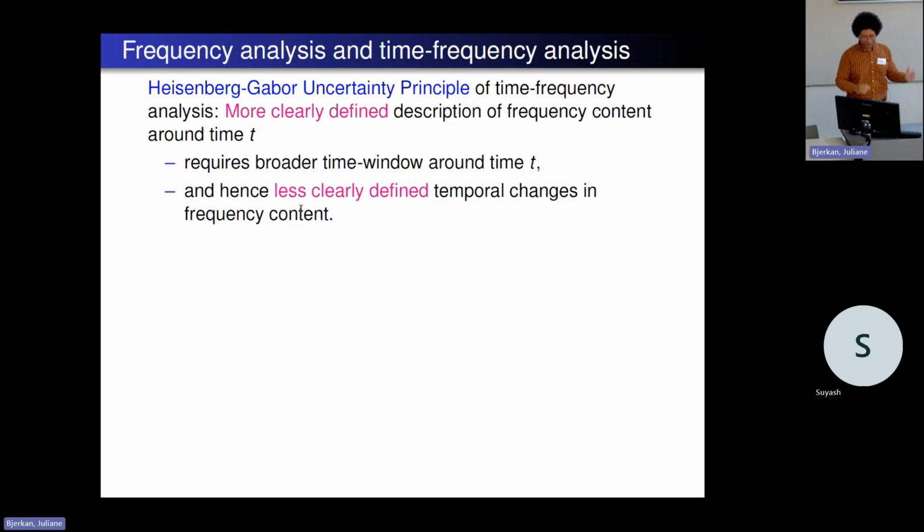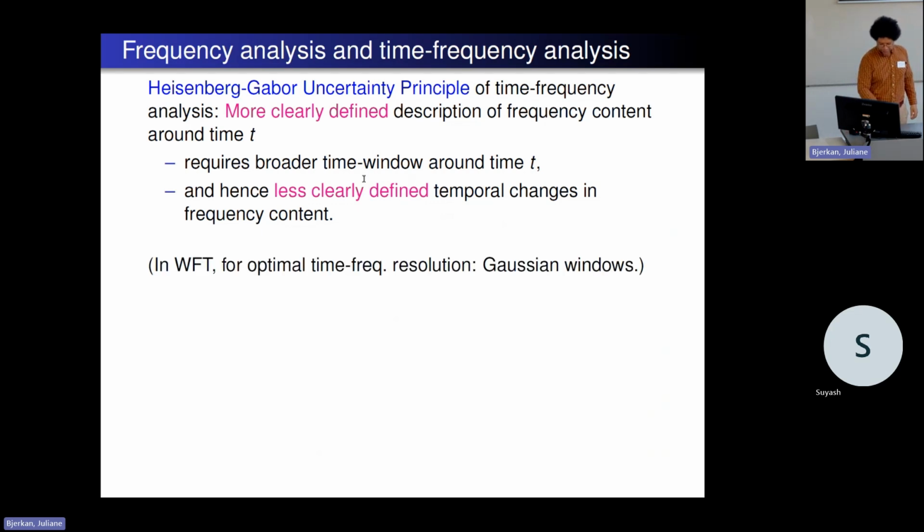So you have this trade-off between frequency resolution and time resolution or time localization. And incidentally, in the windowed Fourier transform, which I've been describing, these Gaussian shaped windows are the optimal shape of windows for the joint time frequency resolution. So that's the theorem.